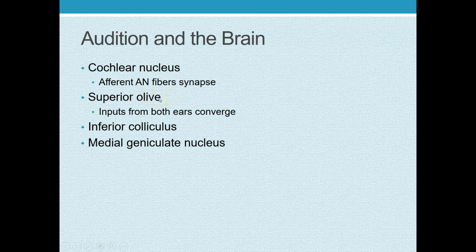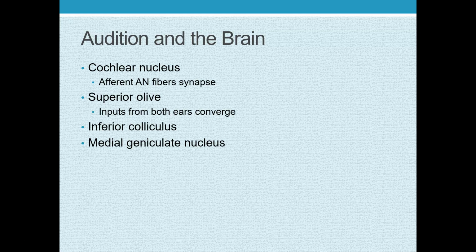So here's something that's really kind of important to know about hearing. When we talked about the visual system, basically we had information from one eye or one part of the visual field going to one hemisphere, information from the other visual field going to the other hemisphere.